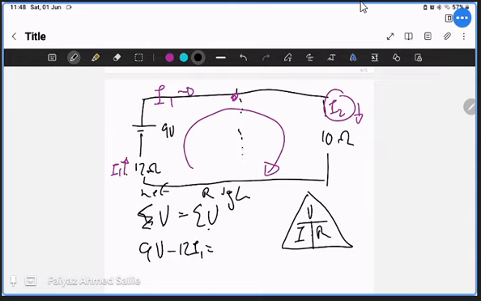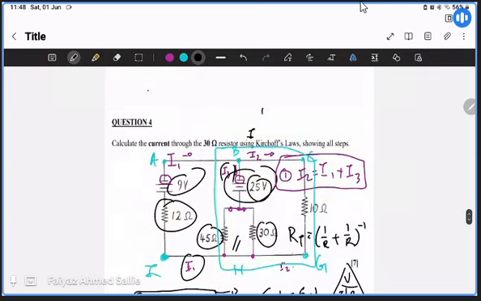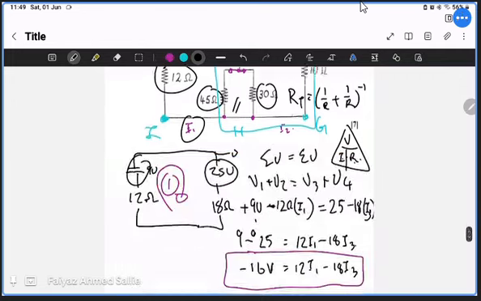So now on our right hand side we have a 10 ohm and our current is I2, and we know that I2 is equal to I1 plus I3.